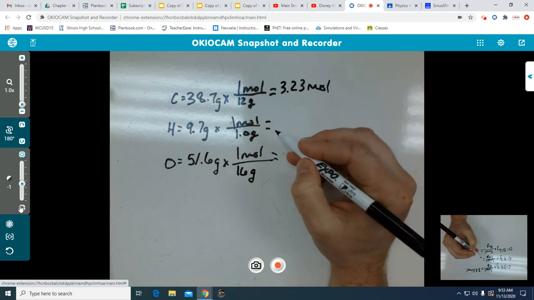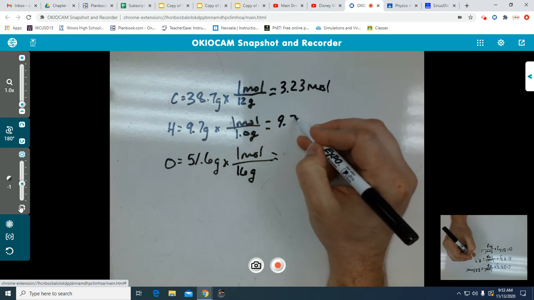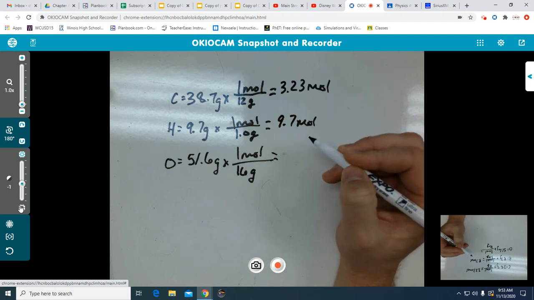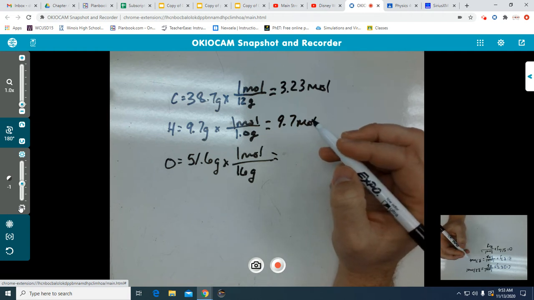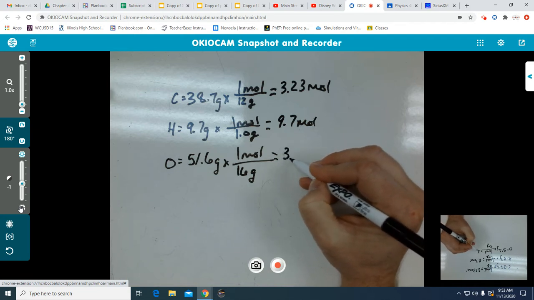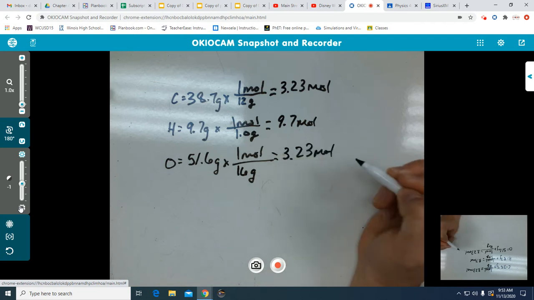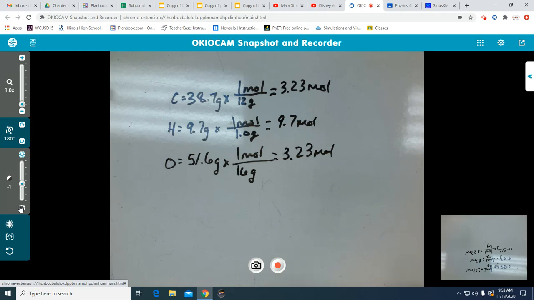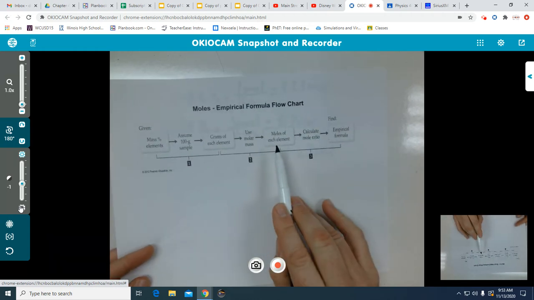For hydrogen, we get 9.7 moles. And for oxygen, we get 3.23 moles. All right. So that gets us to this step.